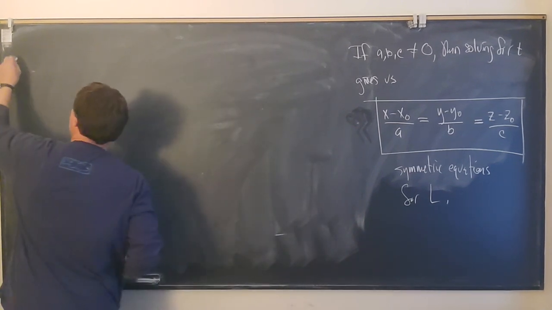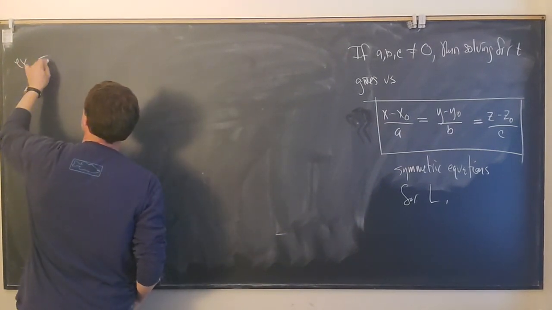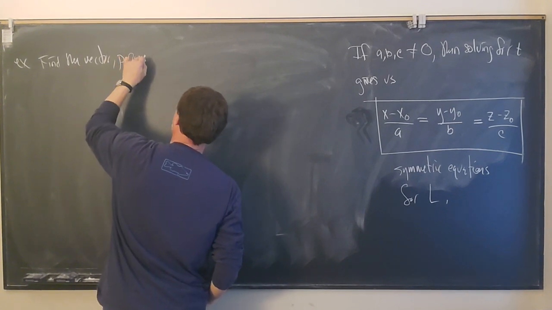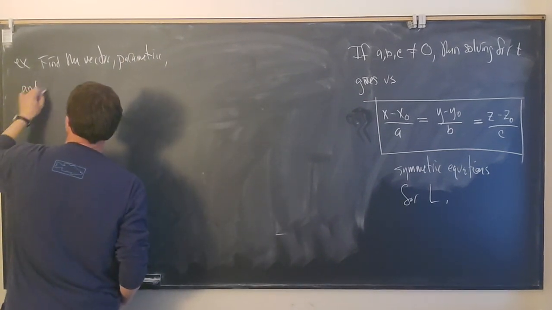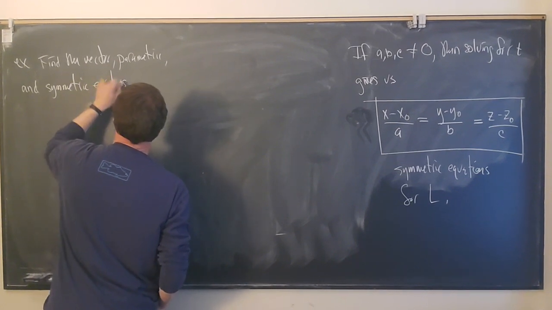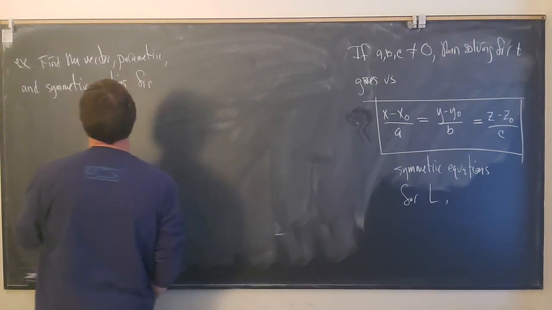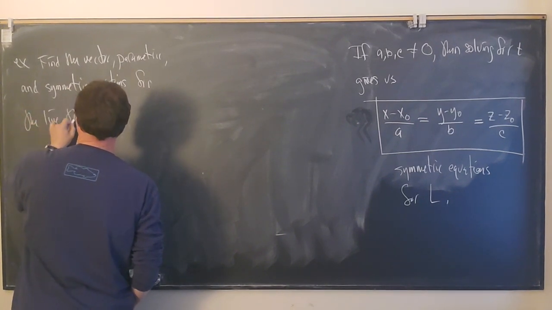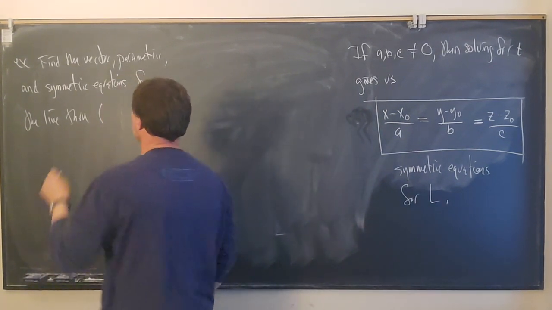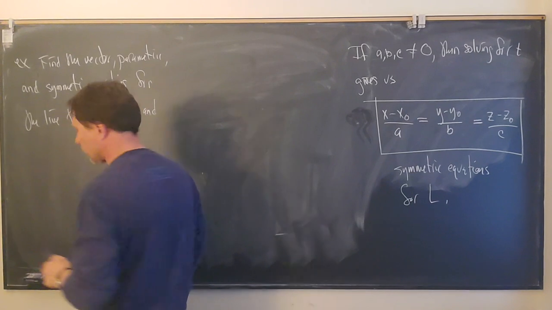So let's try another example. Let's find the vector, parametric, and symmetric equations for the line through the points (0, 1, 1) and (1, 0, 1).